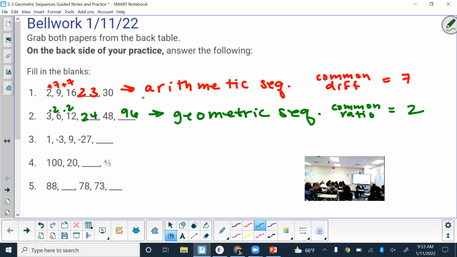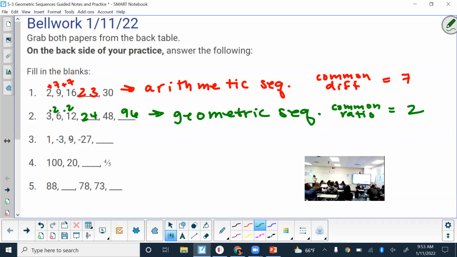All right, what's the pattern in number 3? So what can I do to 1 to get -3? And then see if it's consistent throughout. If you're thinking subtracting 4, well, you know that doesn't work because between these two numbers, you do not get that.